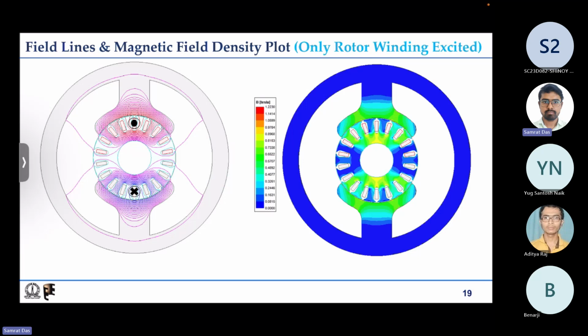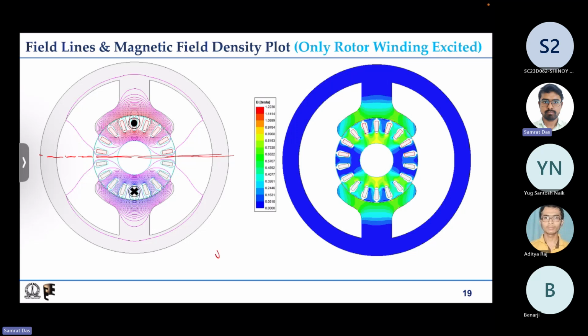First we'll try to understand the flux line distribution. This is the magnetic axis in this case, but unlike the previous case, we found that the number of flux lines along the magnetic axis is quite low. And we also understood the reason, because along this axis, the air path is quite long.